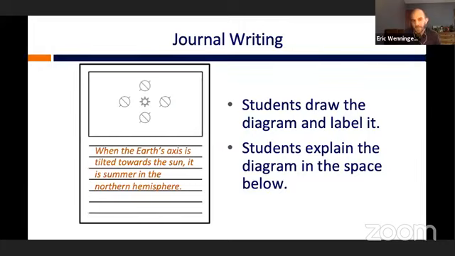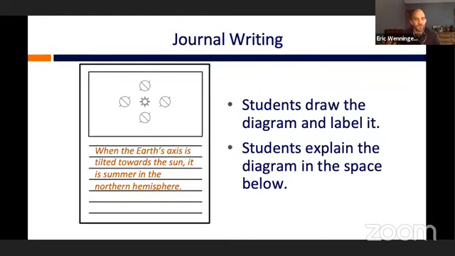I have a blank sheet of paper, and there's space for students to draw the diagram and space for students to write. And so I get a lot of assessment going around and listening to students with their speaking. But if I want to physically document something, I usually do that through writing.